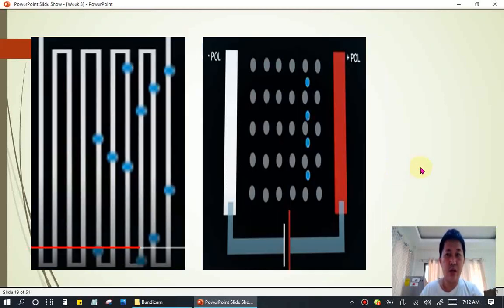So when the current, all the volts, the millivolts, is passing through your sensors, as you can see here, this is the negative pole and the positive pole.